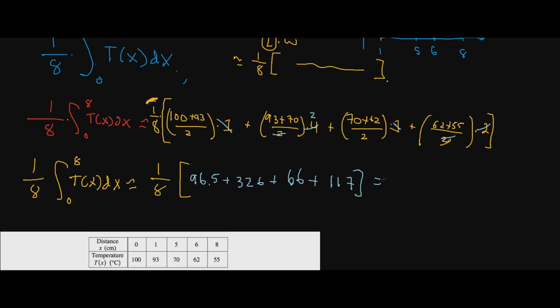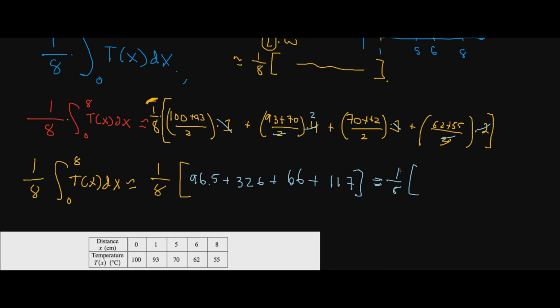Very good. We get 1/8. Boom. Let's go ahead and begin to add the rest of these down so that we can get the best approximation possible: 96.5 plus 326 plus 66 plus 117, divided by 8.